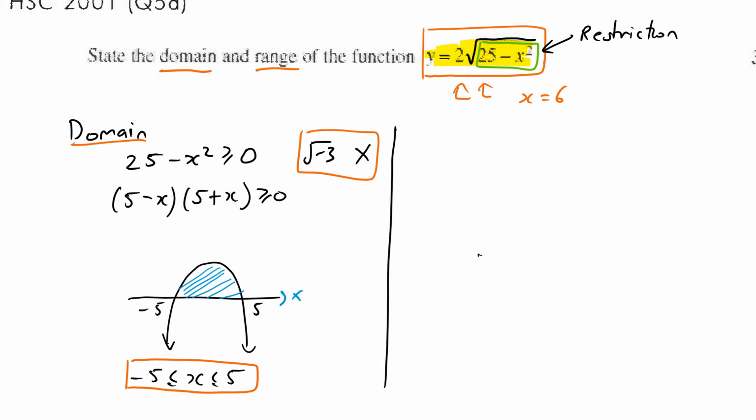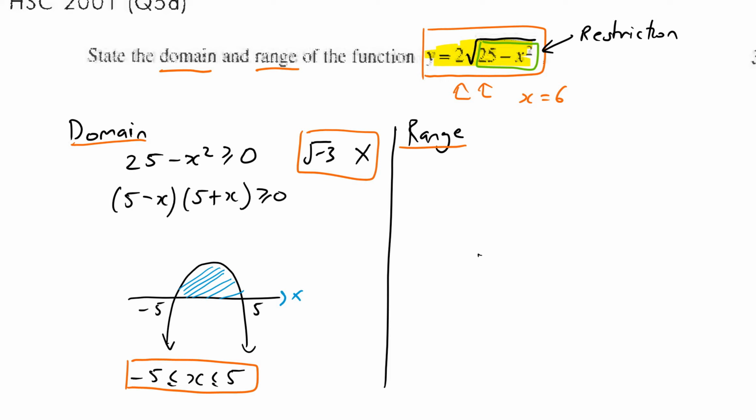Very simple. Now the range is a little bit more difficult to find. There are 2 ways you can find the range. The first way is by sketching the function out as a graph and then just reading it off. Well, that's a bit problematic if we don't know what this function looks like. In this case we do know, but let's say that we don't.